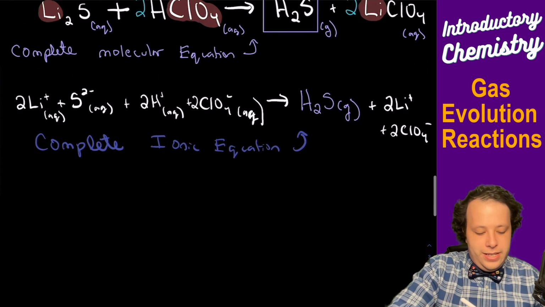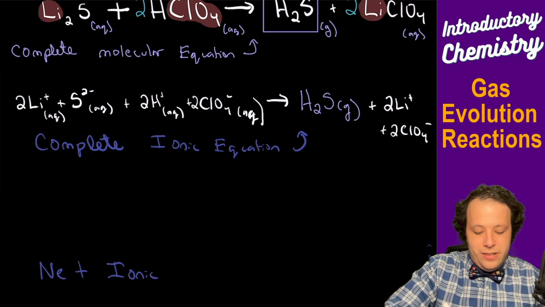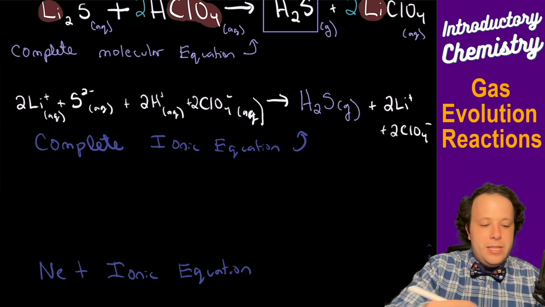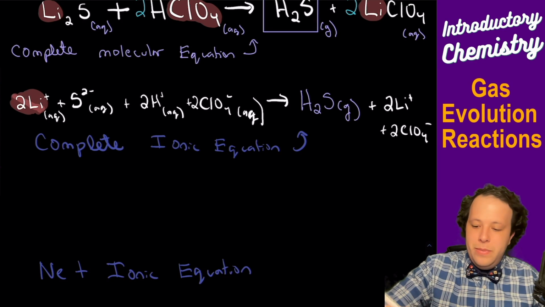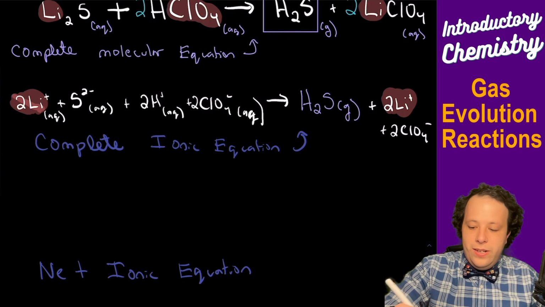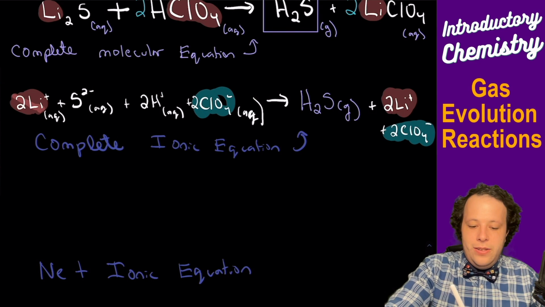So the net ionic equation, which is our last thing, is going to eliminate the spectators. It's whatever is watching and not participating in the actual reaction. One thing you'll see is that we have lithium on both sides. It's not doing anything. We also have the chlorates, which are here and not doing anything.